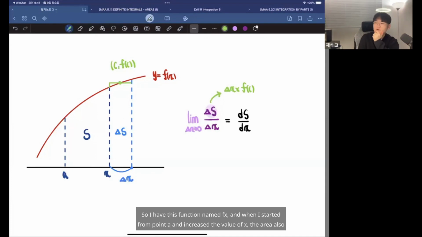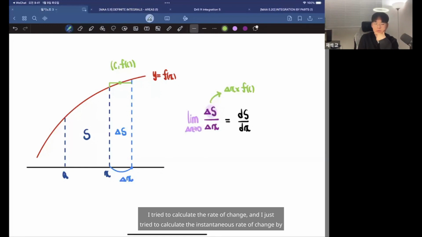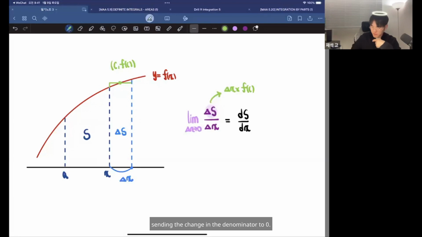So I have this function f(x), and when I started from point A and increased the value of x, the area also increased. I tried to calculate the rate of change of the area by dividing the change in S by the change in x, and I tried to calculate the instantaneous rate of change by sending the change in the denominator to 0.